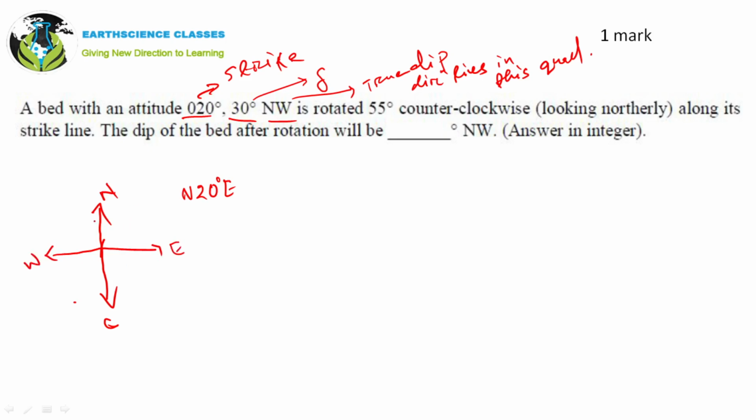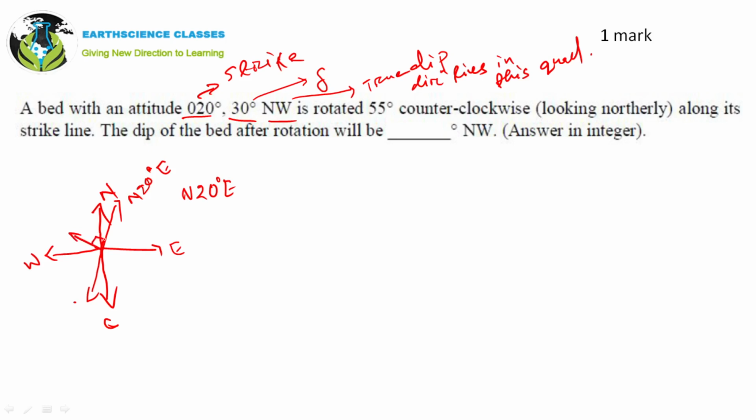So the bed has a strike of north 20 degree east. This is the strike of the bed, right? North 20 east, and it is dipping in the northwest quadrant. So its true dip will be in the northwest quadrant here.